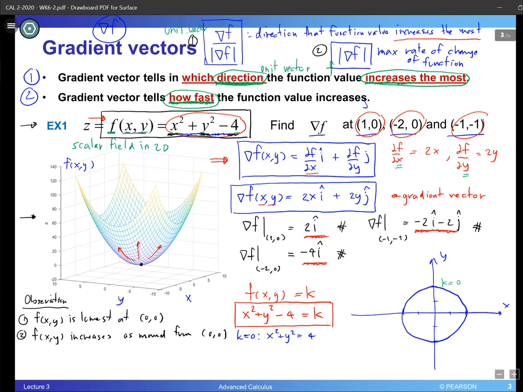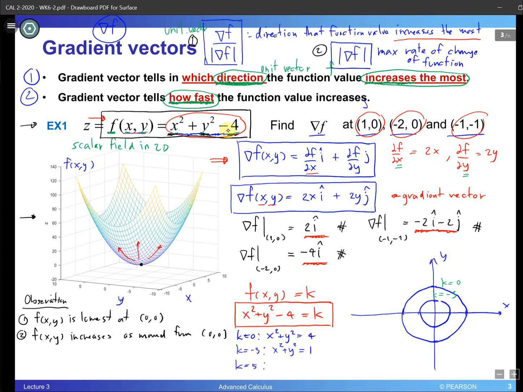Now let's try a different k, k equal to minus 3. In this case, we are going to have this equation instead, x squared plus y squared equal to 1, and that is a circle of radius 1. So let's draw that circle of radius 1 right here. And this happens when k equal to minus 3. Okay, now one more, k equal to 5.